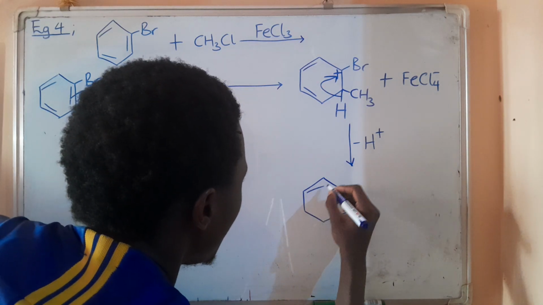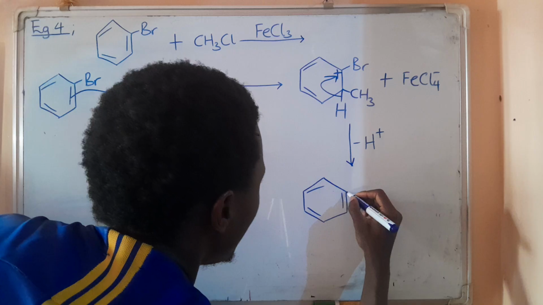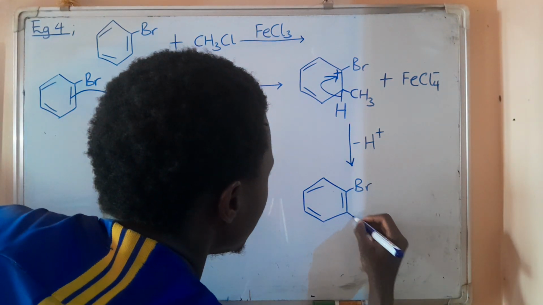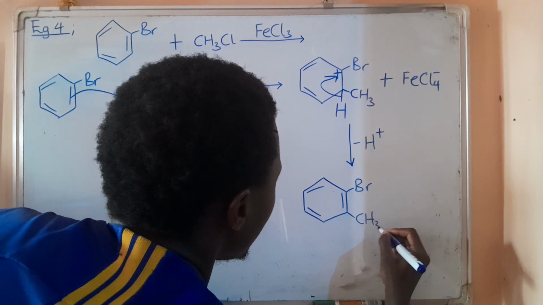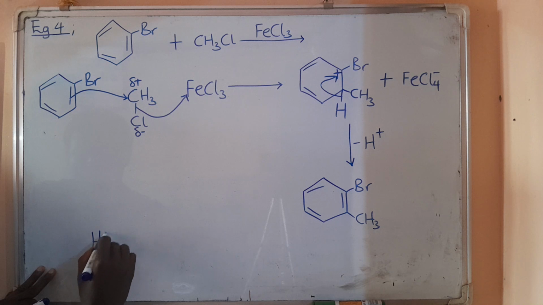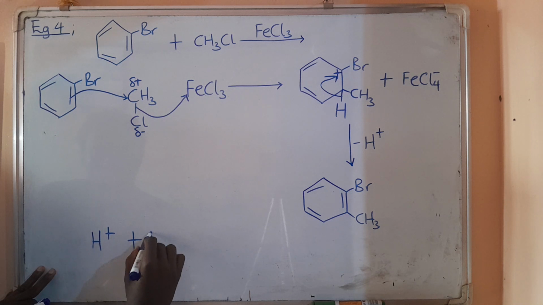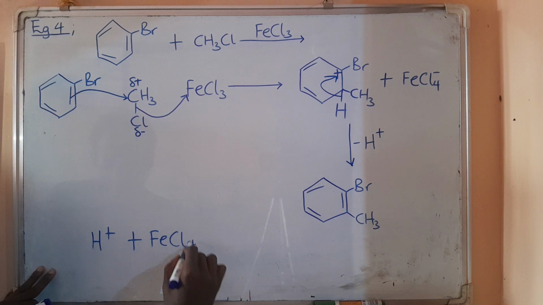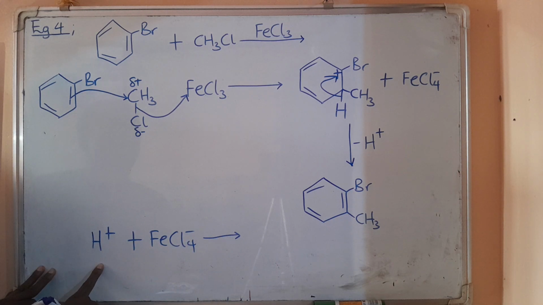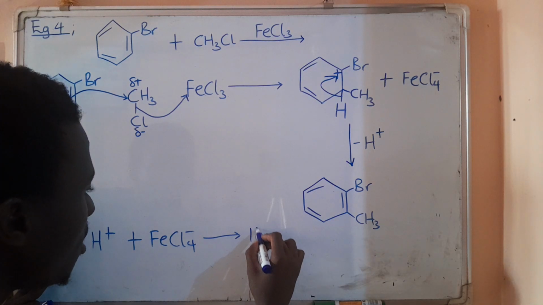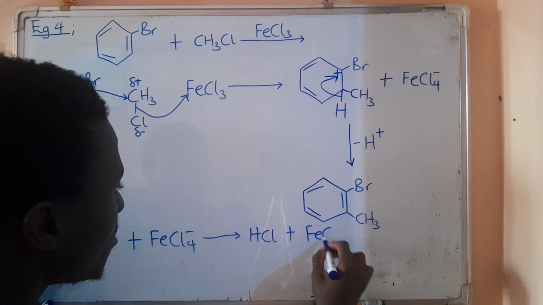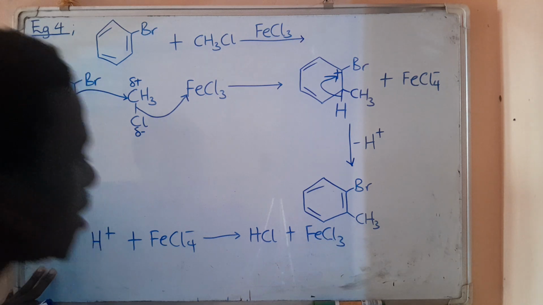We have a bond there, and also a bond there, because it has been restored back. BrCH3, like that. Then the hydrogen ion with the complex FeCl4 minus. This donates electrons to the hydrogen ion because it is electron deficient. Then we form hydrogen chloride plus ferric chloride, or iron 3 chloride.